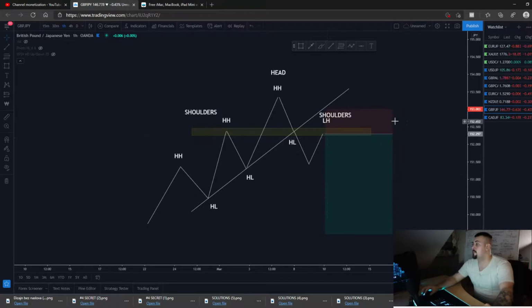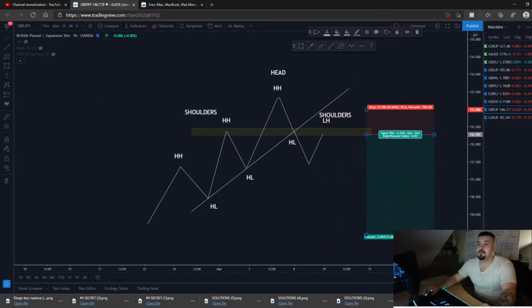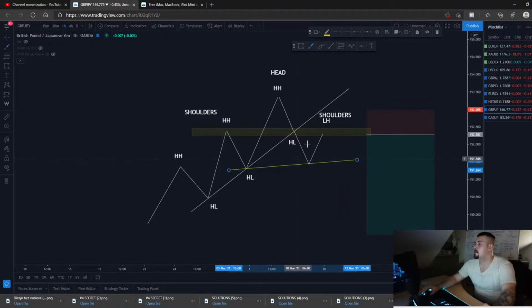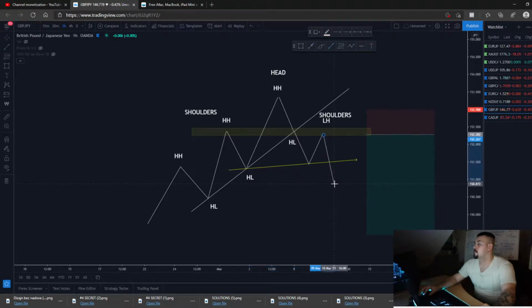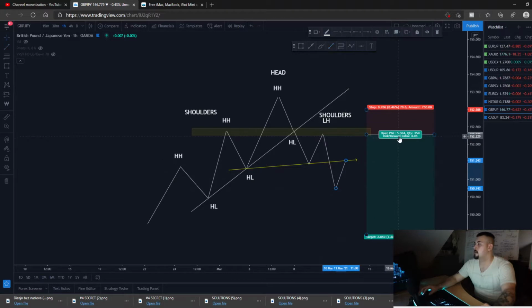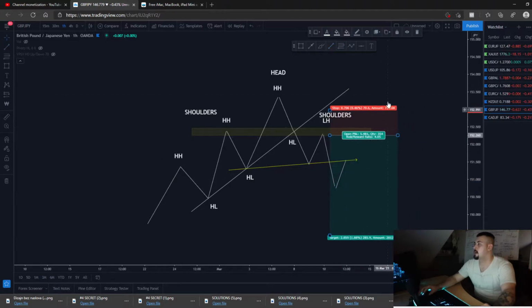And if you want to enter it more clearly, you want to wait for this neckline right here to be broken and retested once again to enter a possible next trade, a secure trade.